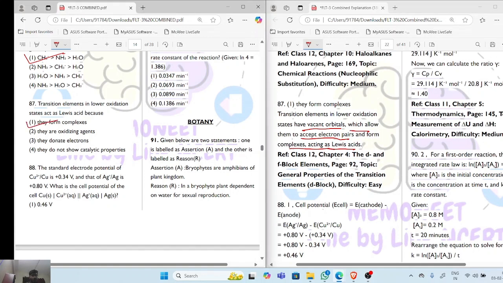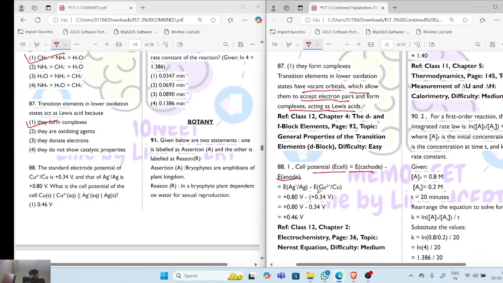Now comes to question number 88. The standard electrode potential of Cu2 plus to Cu is 0.34 volt, and that of Ag plus to Ag is 0.8 volt. What is the cell potential of the reaction? We know the cell potential E cell can be calculated as the electrode potential of cathode minus the electrode potential of anode.